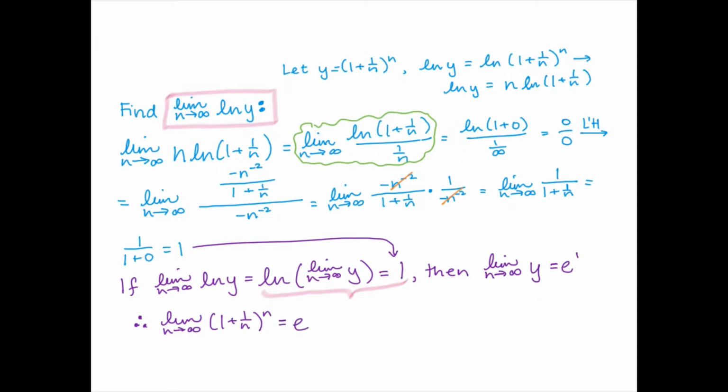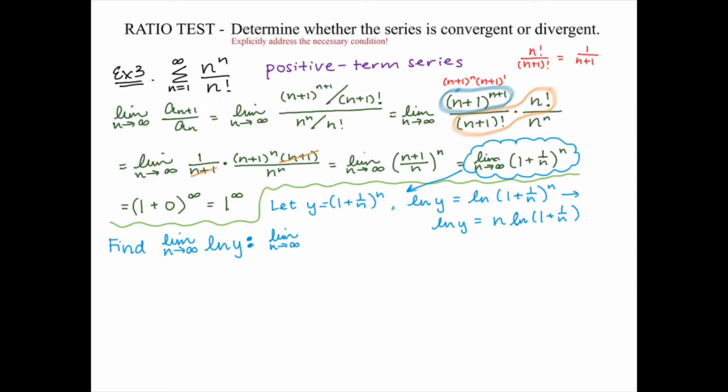So let's go back to where this work started on the previous slide. Basically, we did all of this work here, and we came to the conclusion that our limit, which again goes all the way back to here, the limit as n approaches infinity of a sub n plus 1 over a sub n winds up being e, which is greater than 1.